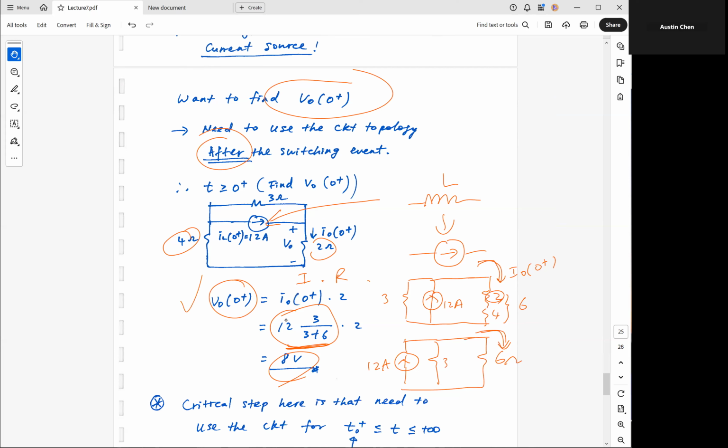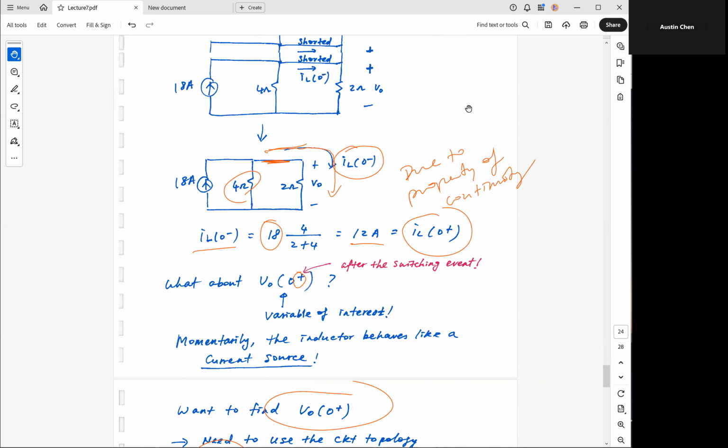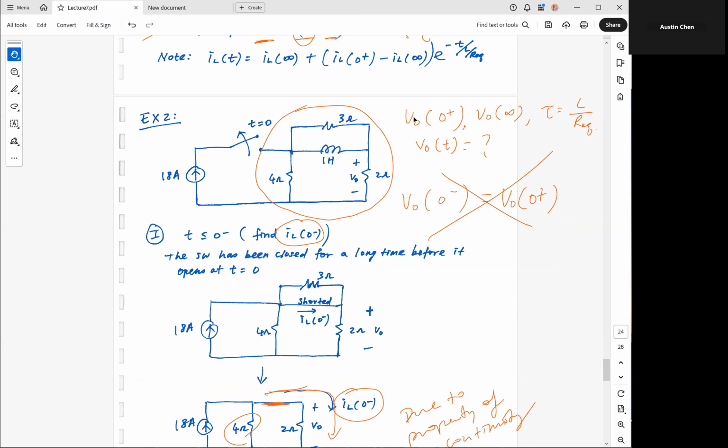But we are not done yet, because this is just one of the 3 variables that we need for V naught of t. Let's go back and revisit our game plan. V0 of t is based on these 3 variables, and we just tackled the first one.